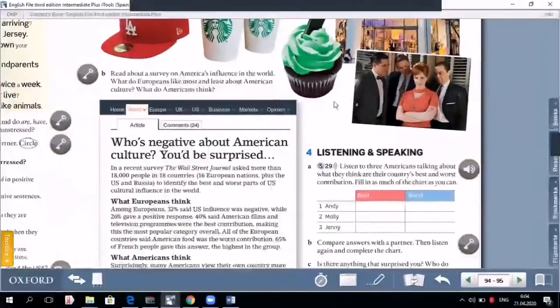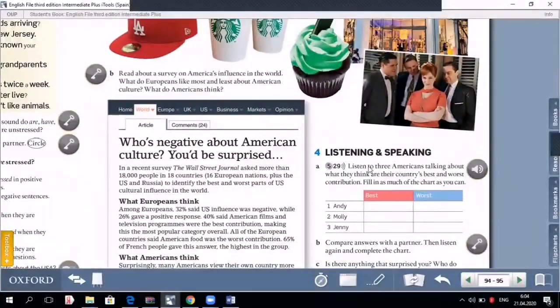Then we'll consolidate our lesson. 5.29. Here you have the table. The instruction is: listen to three Americans talking about what they think are their country's best and worst contributions. After listening, we'll do some tasks. Now let us listen.